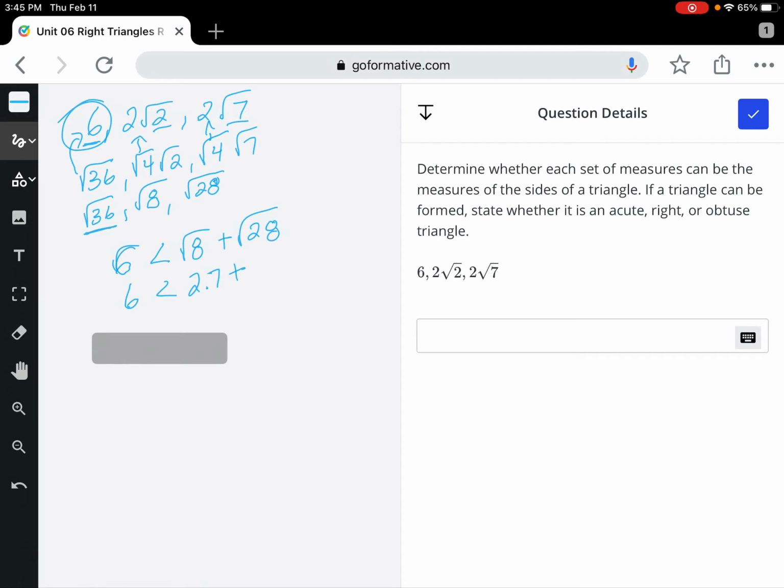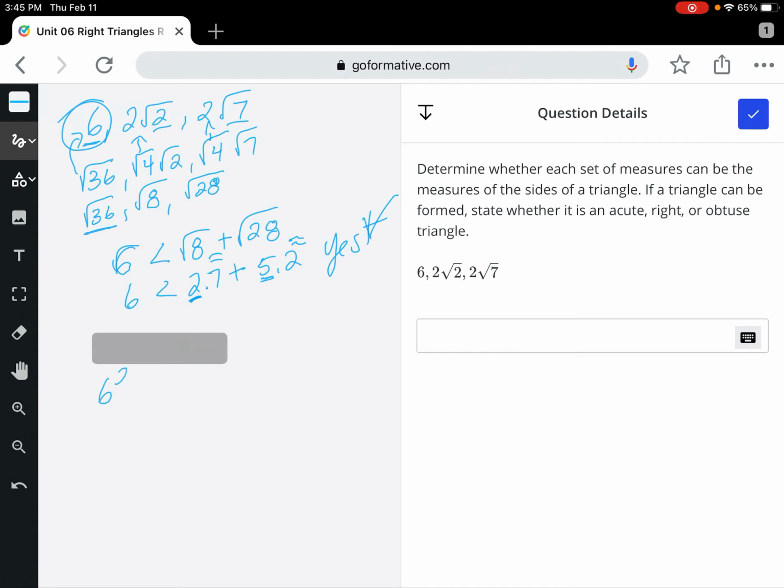Square root of 28 is a little bit more than the square root of 25, which is 5, so I know that this is going to be 5.2 or something like that. Even if I just round to the lowest number, I can see that 5 plus 2 is 7, okay? And remember, these are just approximations. 5 plus 2 is 7, so I know it's going to be bigger. So yes, it is a triangle.